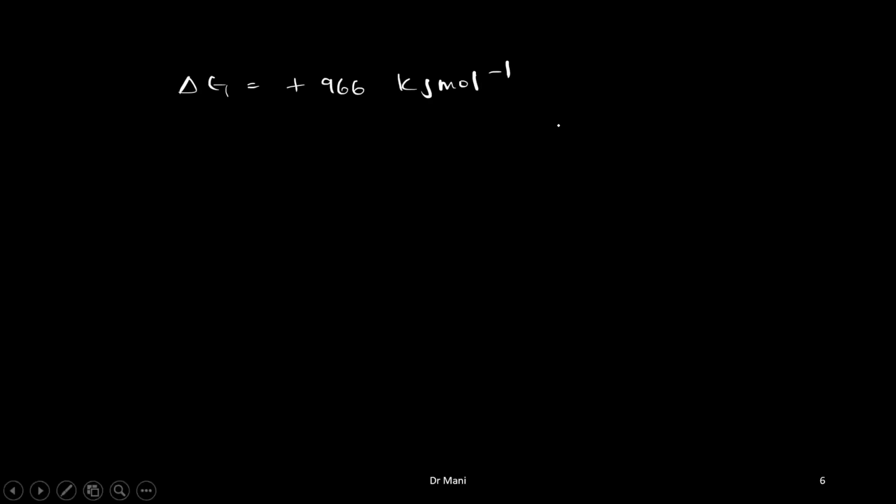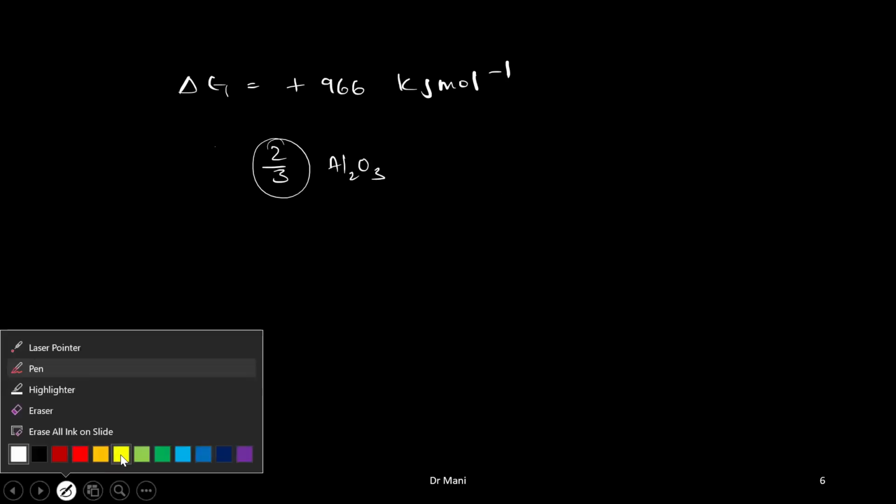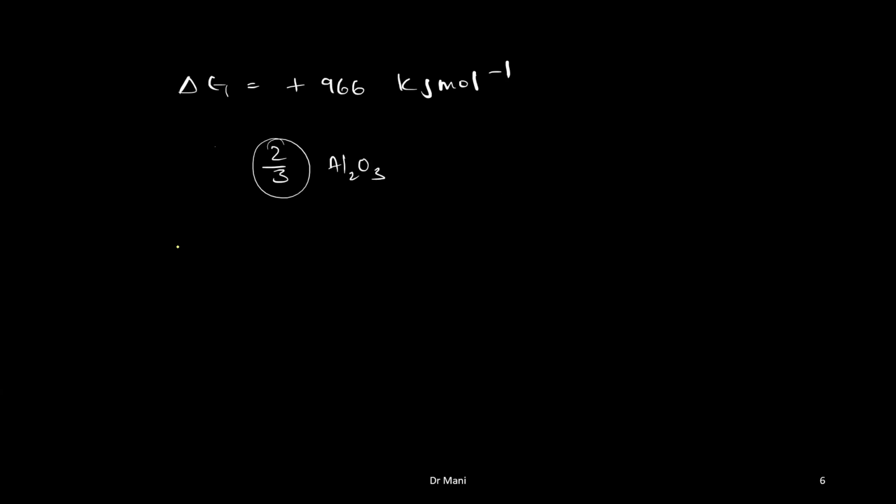If I'm writing the exam, I'll write the coefficient in front of Al2O3, remember, it is 2/3. Concentrate on this. This is the coefficient in front of Al2O3. Now I need to find the quick way of the n factor. For Al2O3, in the half reactions, I know aluminium is +3 charge, so 3 electrons are involved. Oxygen, O2-, like that 2 oxygens are there, so 4 electrons are involved.